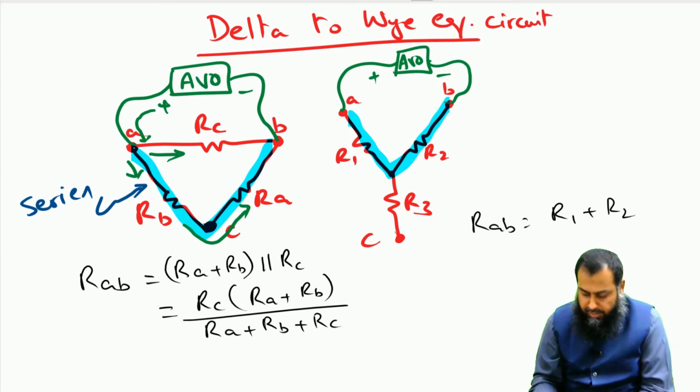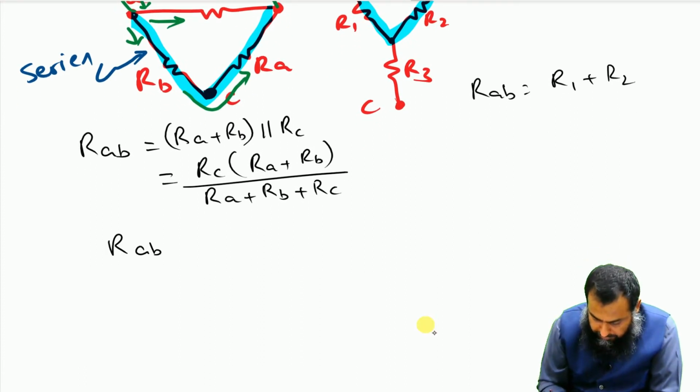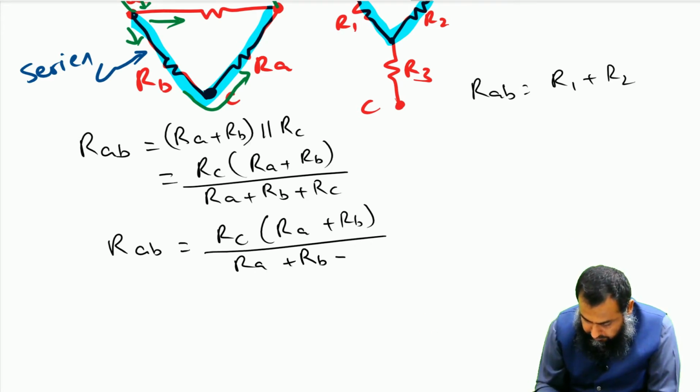So, let me write it as that RAB is equal to RC into RA plus RB divided by RA plus RB plus RC, and that is equal to R1 plus R2.